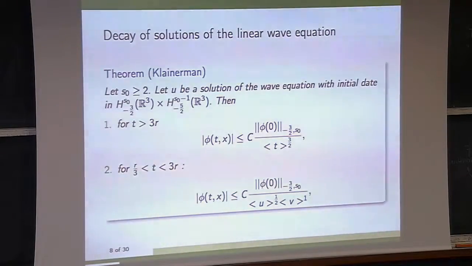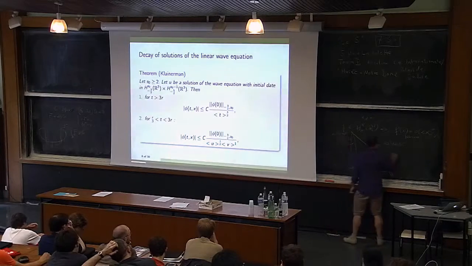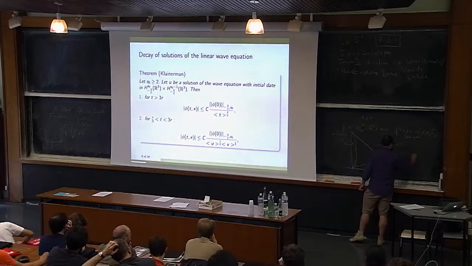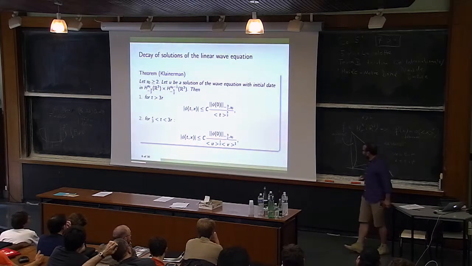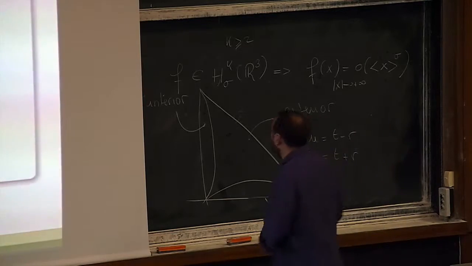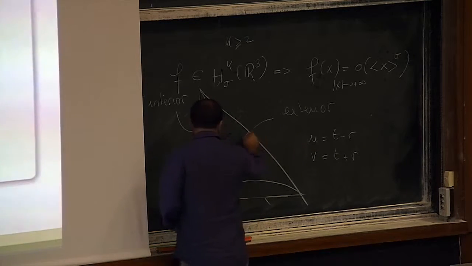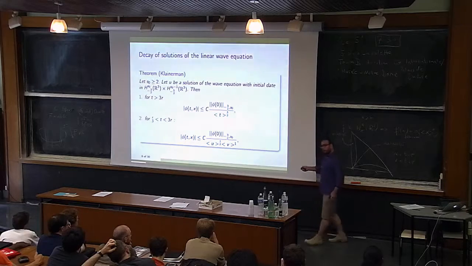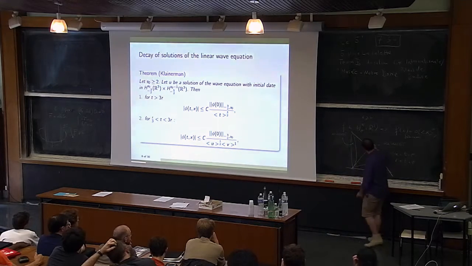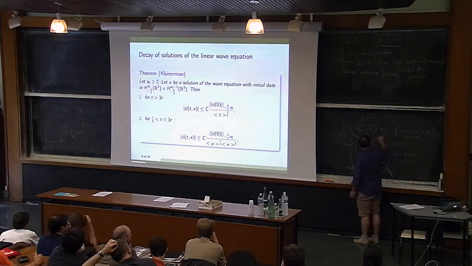Now, when you are in the exterior region and you look at what is happening, I'm introducing, as always, the advanced and retarded coordinates. When you work with u equal constant, which looks like this, you have a decay like 1 over v. Okay? So this is u equal constant.